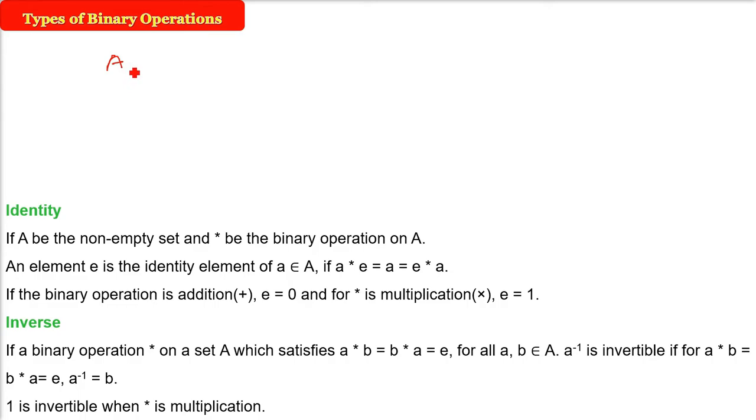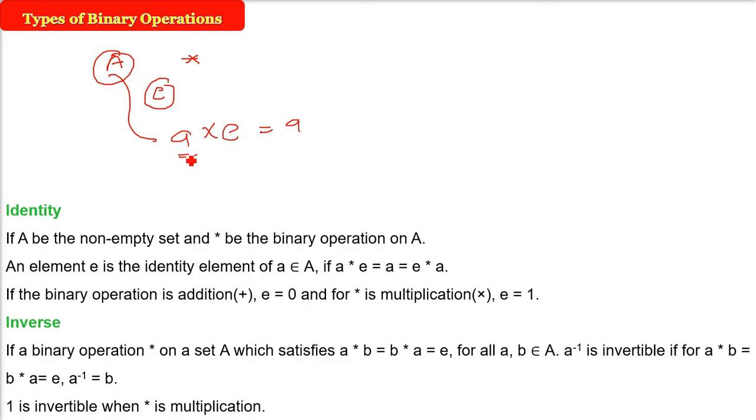So let us take a set A, and star is our operation. There will be some element, let us represent it by E. It will be called an identity element when you take any element from capital A, that is, small a, and operate E on it.